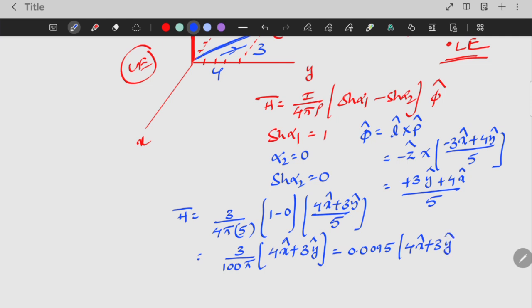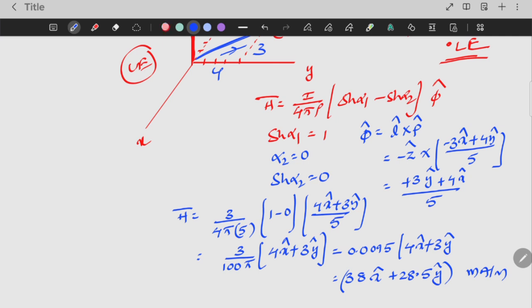Now what I am doing is that 9.5 I will take. That one I am multiplying with 4. Then I will get 38 x cap. 9.5 multiplying with 3, I will get 28.5 y cap. This is milliamperes per meter.